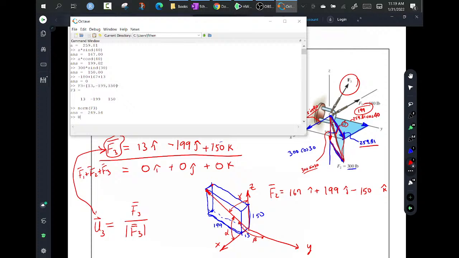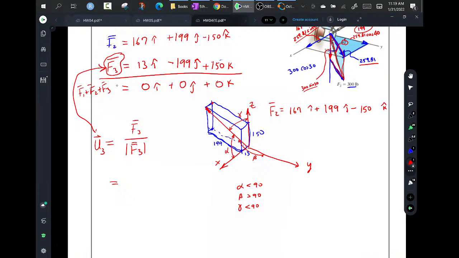So if I want to know the unit normal, not the unit normal, but just the unit vector, gosh, it's not normal to anything. F3 divided by the norm of F3, I get those numbers. Now they look kind of funny, and they'll always kind of look that way a little bit.